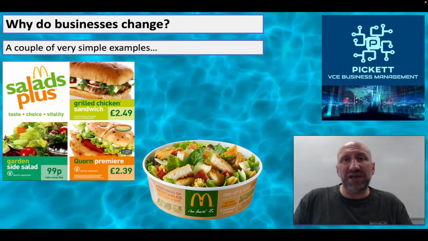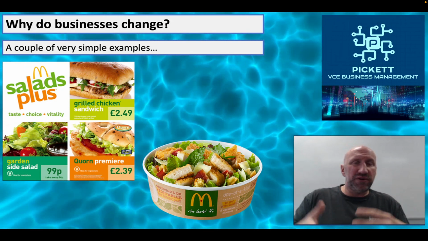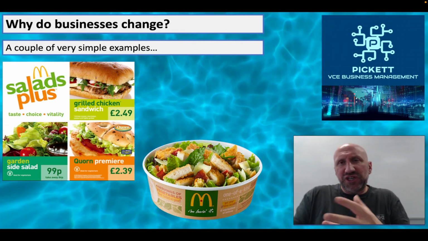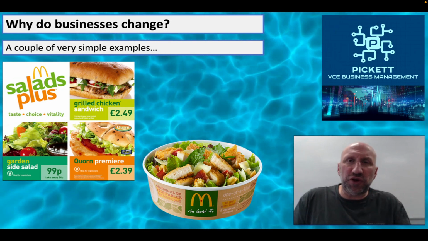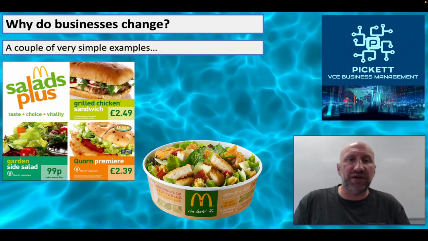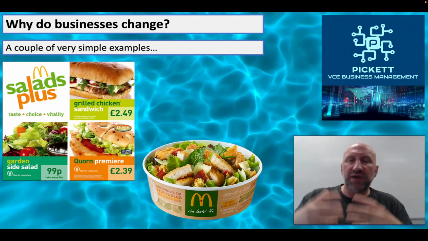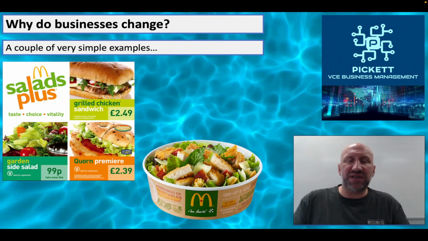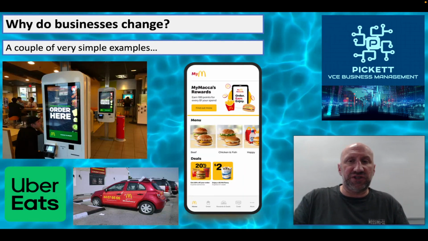Even as a family, mum and dad might want something more healthy, whereas they get the cheeseburger or the nuggets and chips for the kids. But if they didn't do the healthy options, a family might not go to a Macca's. They might choose something else. So again, this is all about responding to what's going on in the world around us, making changes in our business. In this example, making changes to the product offerings to respond to those changes.